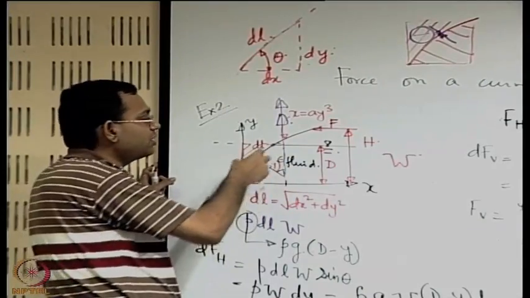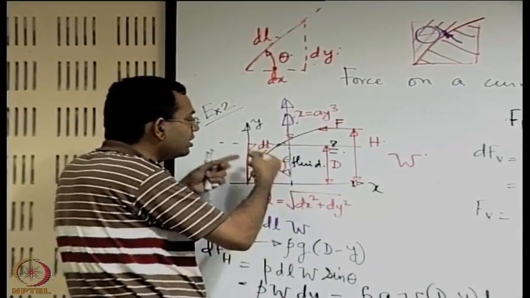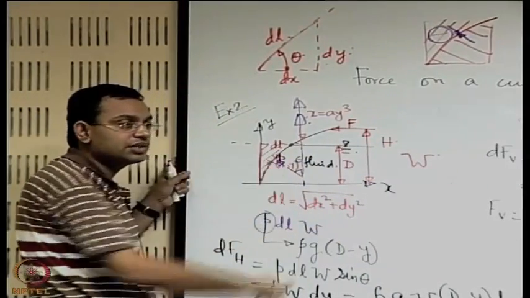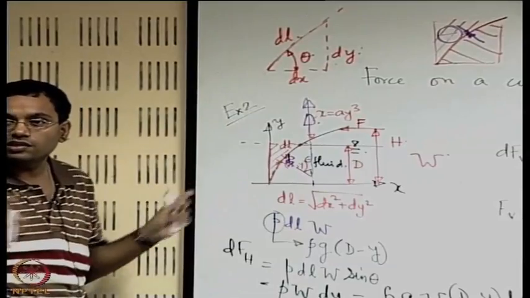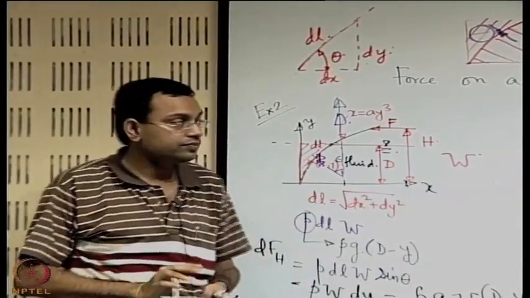It will come from the consideration of where the volume of fluid that is present is exerting the force, and what is the sense of that force when it is exerting a pressure on the element. So that consideration should give you the proper sense of the vertical component of the force.